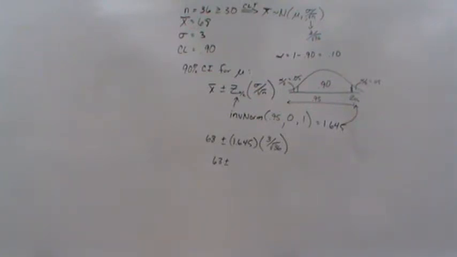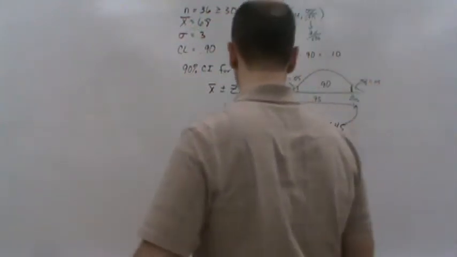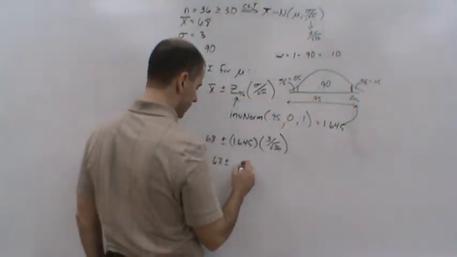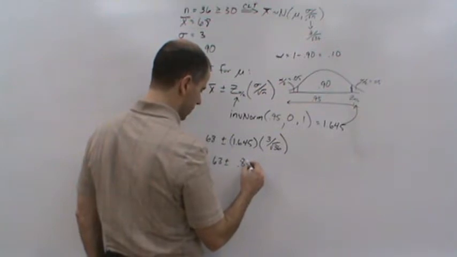Oh, and I think I did use the wrong number last minute. 1.645 times 3 divided by square root of 36, which is 6. And we get 0.8225, which we're just going to round to 0.82.